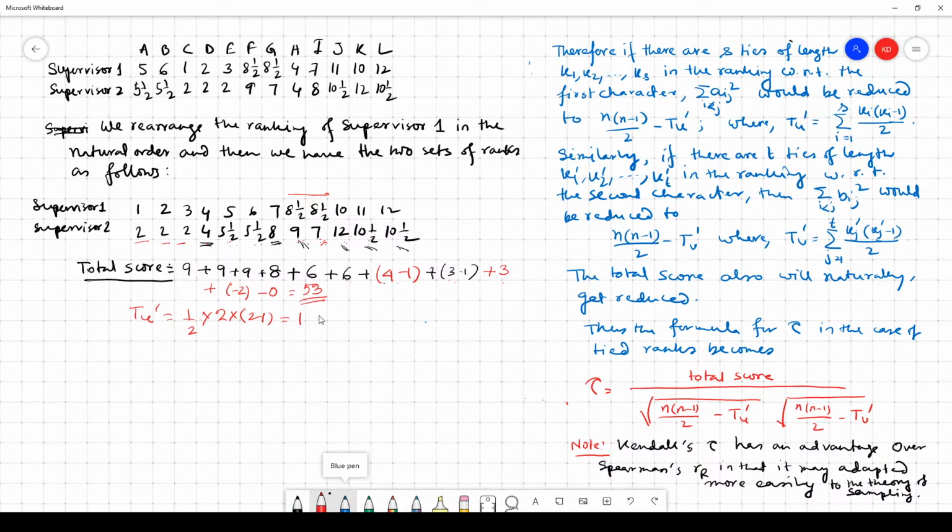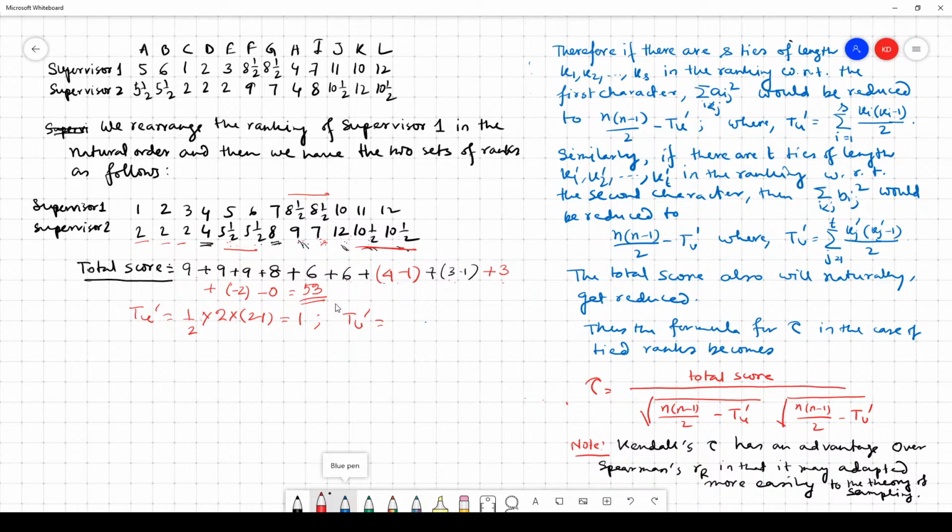And TV dash, there are 2 ties, each of length 2.